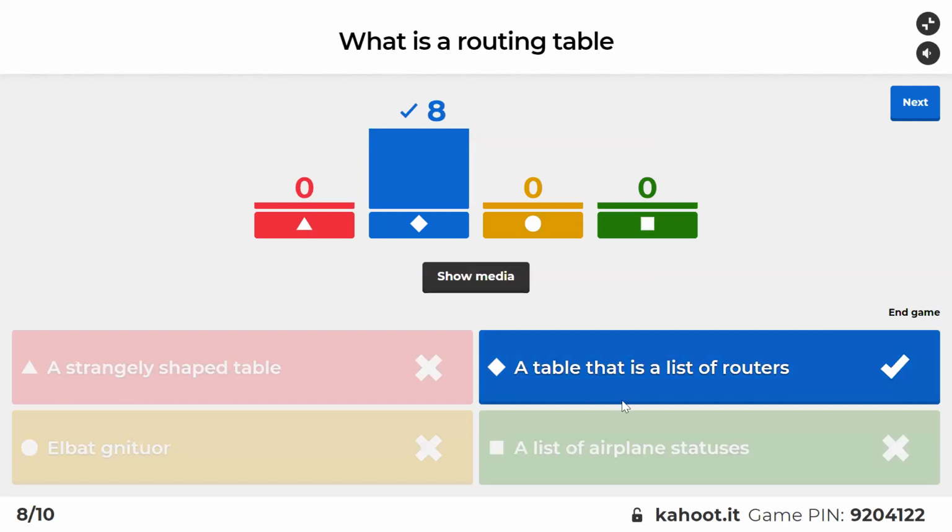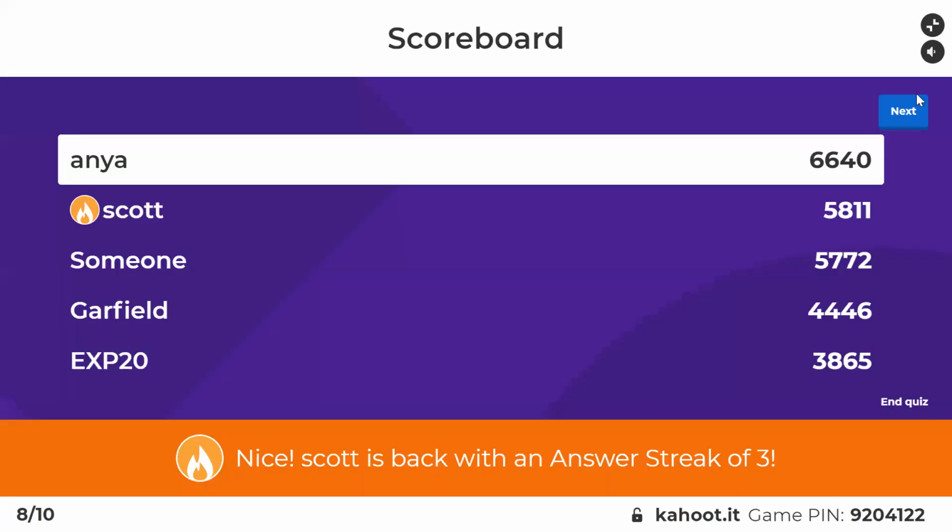A routing table is a table that is a list of routers. Leaderboard still remains unchanged.